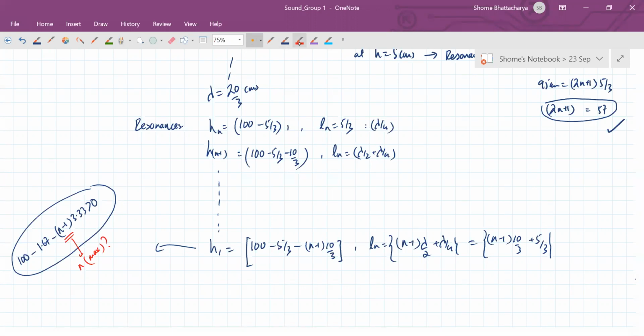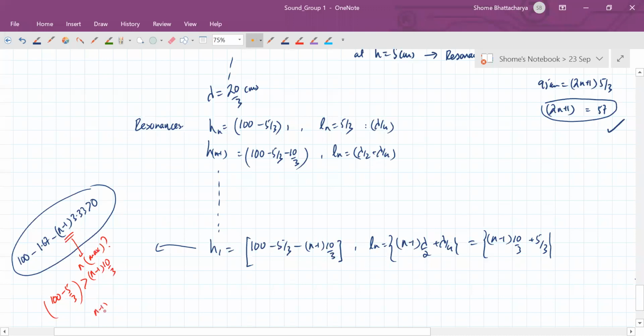So we can just solve this equation like this: 100 minus 5 by 3 should be greater than n minus 1 times 10 by 3.